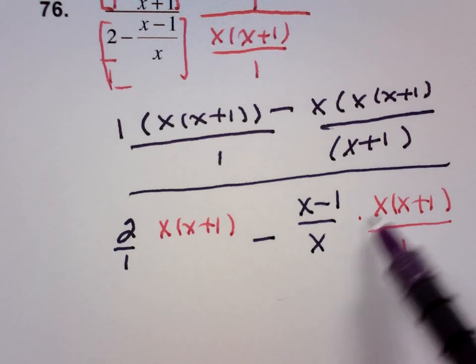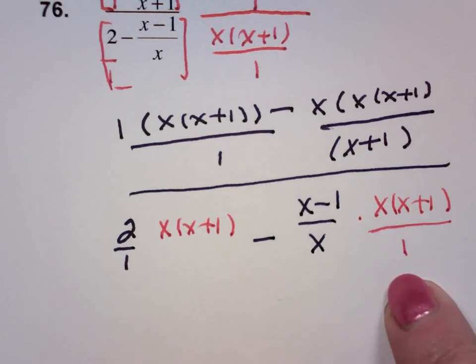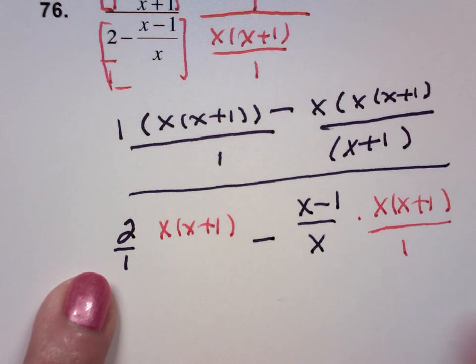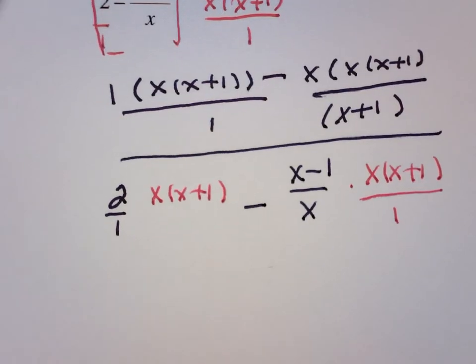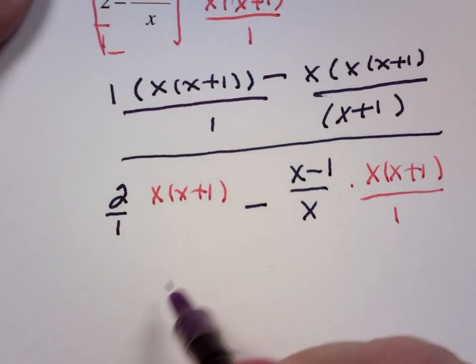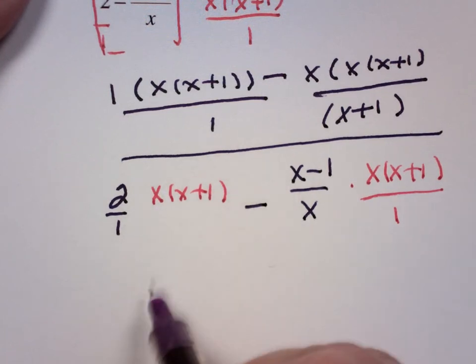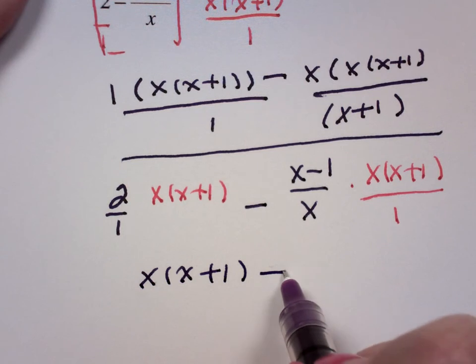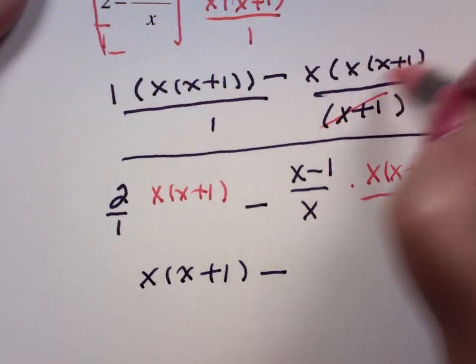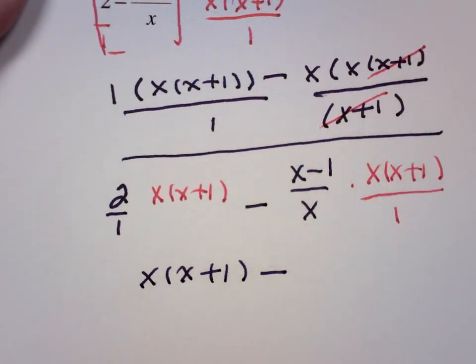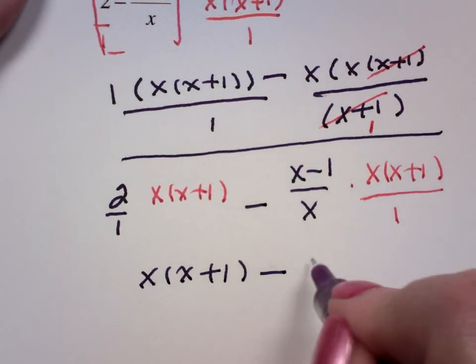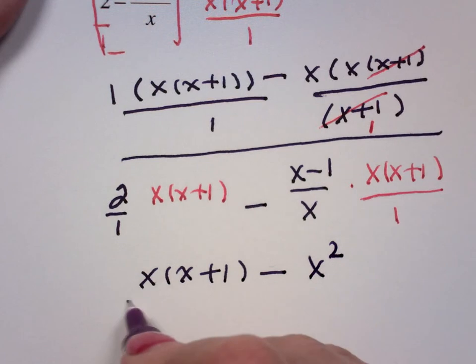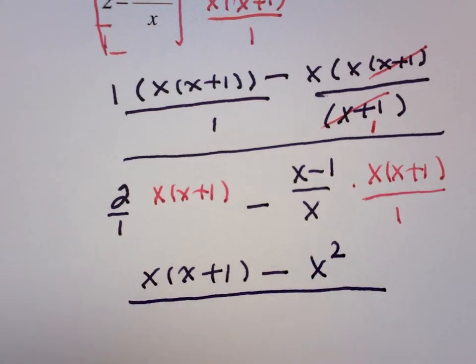Notice here the x's are going to cancel, so that I'm going to have a 1 there. So what I'm going to end up having is 1 times x plus 1 is just x times x plus 1 minus, x plus 1s are going to reduce out. That leaves me a 1 in the denominator. So it no longer has any denominator. So the top fraction just collapsed.